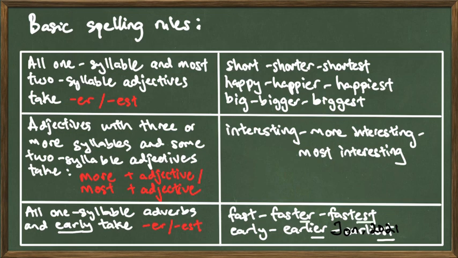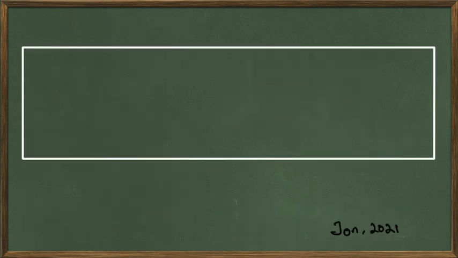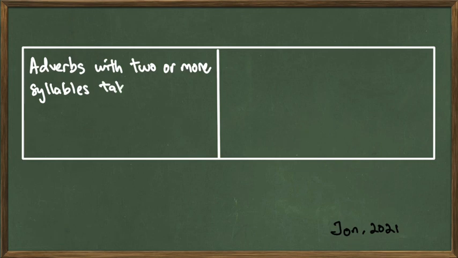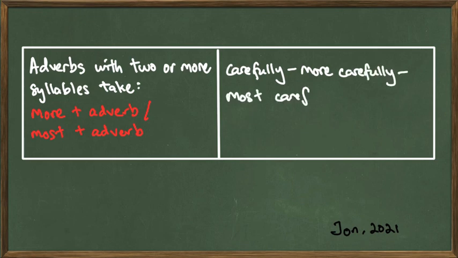Let's go on with some more basic spelling rules. Adverbs with 2 or more syllables, you need to use the word more or the word most followed by the adverb. Carefully, you need to add more, so it becomes more carefully, and if you go on it becomes most carefully.